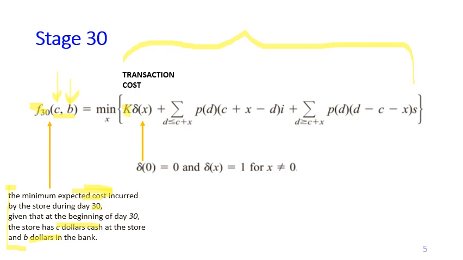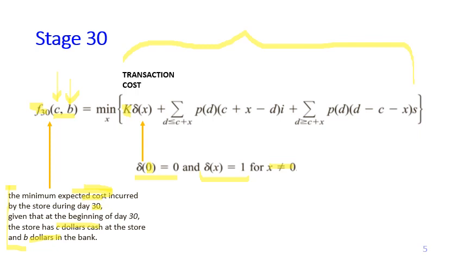We multiply K with a function called delta(X), in which if X equals 0, the value of delta(0) is 0. And if X does not equal 0, whether it is positive, which means we withdraw money, or negative, which means that we deposit money, delta(X) equals 1. So K times delta(X) is the transaction cost.